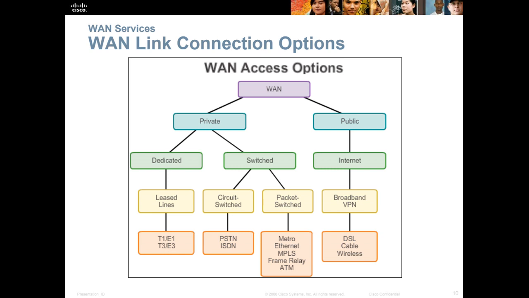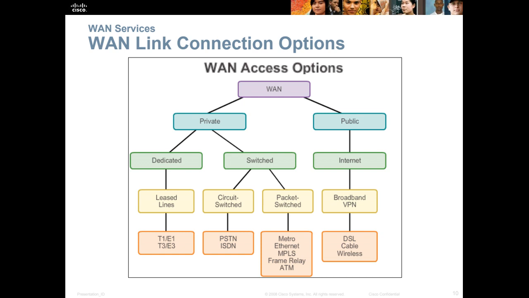For switched, we have circuit switched and we have packet switched. Packet switched is the new technologies. We have MPLS, Metro Ethernet, Frame Relay, and ATM. For circuit switched, we have PSTN and ISDN.